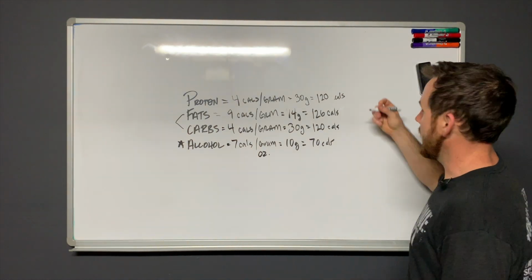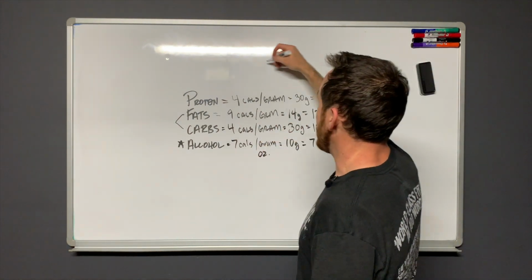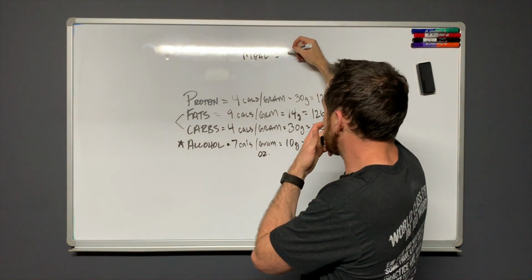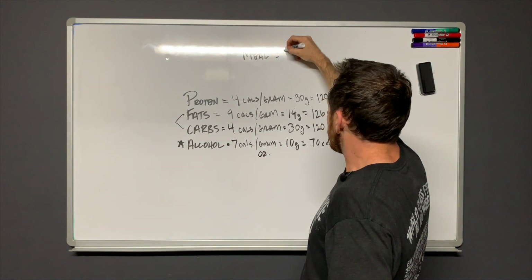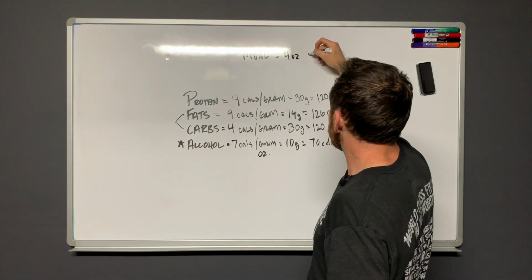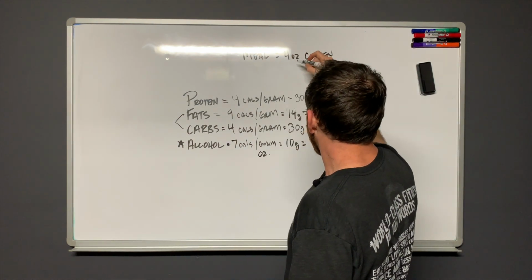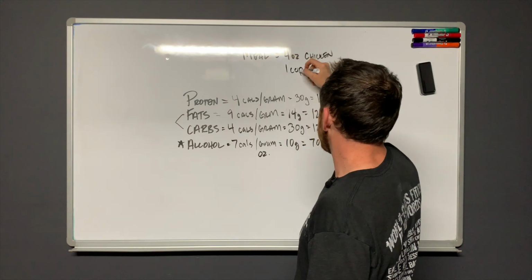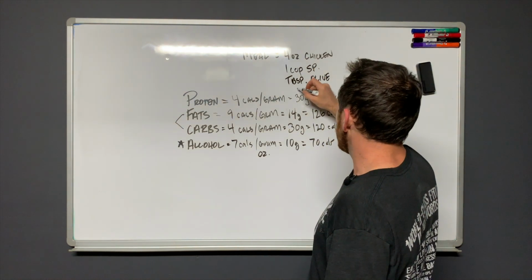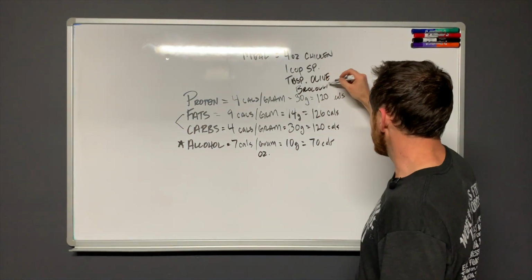So if you have a meal that, and there are programs to do this, but if you've been doing it long enough, you could have a meal that equals 4 ounces of chicken, let's say 1 cup of sweet potatoes and a tablespoon of olive oil with broccoli as the side.